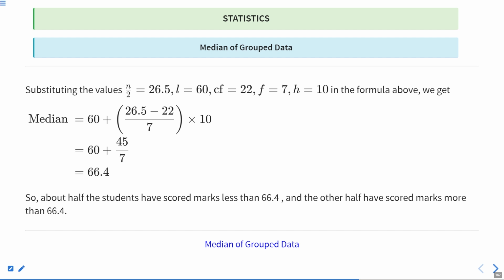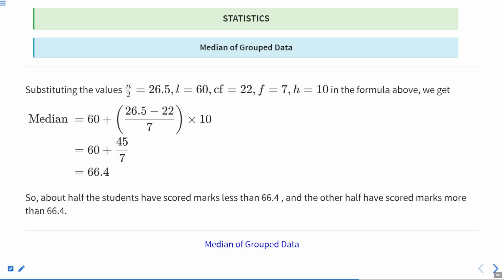Substituting the values: n by 2 is equal to 26.5, L is equal to 60, CF is equal to 22, F, the frequency of the median class, is 7, and H, the class size, is equal to 10.